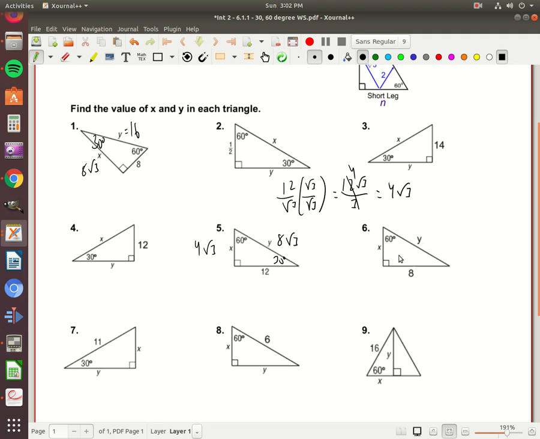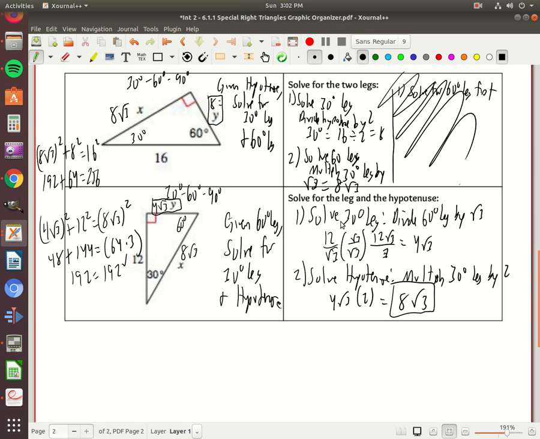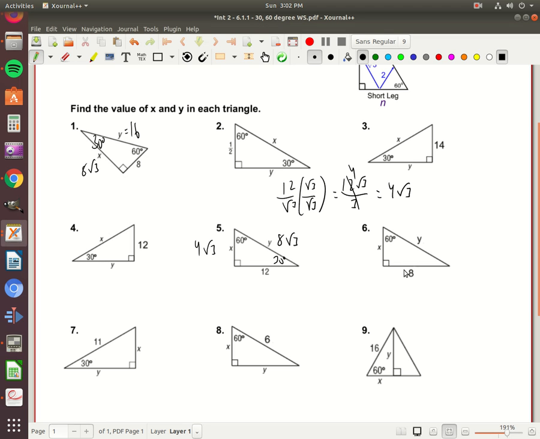So if we look at number 6, we know that if we are given a 60-degree side, we're going to go over here. And the first thing to do, we're given a 60-degree leg, we're going to solve for the 30-degree leg by dividing it by the square root of 3. So I'm going to go over here and I'm going to divide 8 by the square root of 3. So 8 divided by the square root of 3 is going to be 8 times the square root of 3 over 3. That'll be my 30-degree side. 8 times the square root of 3 over 3.